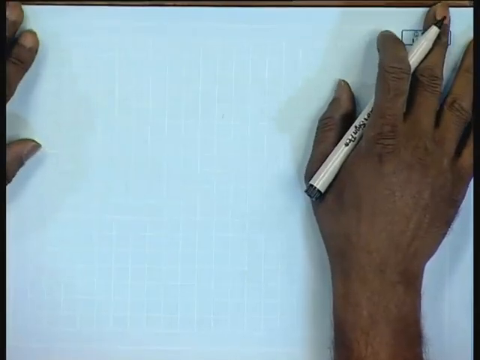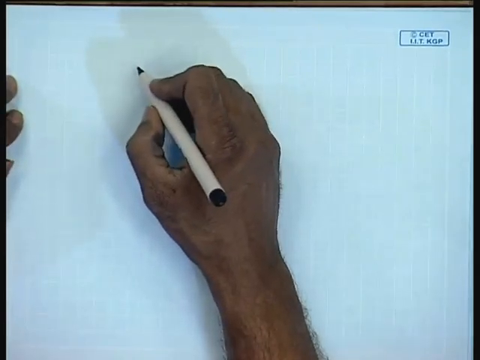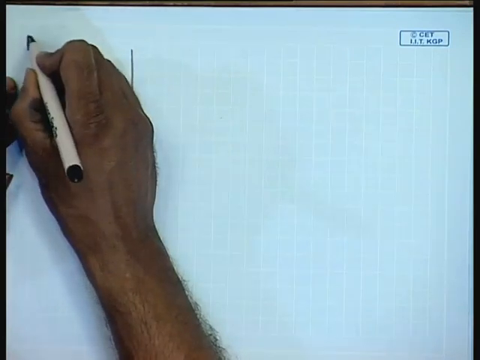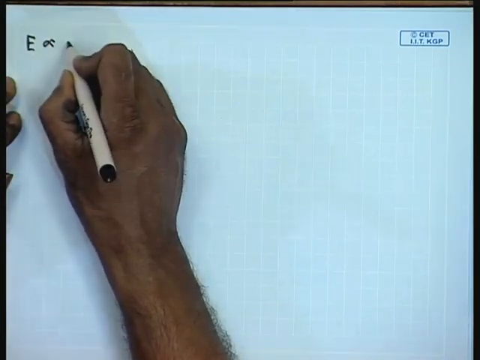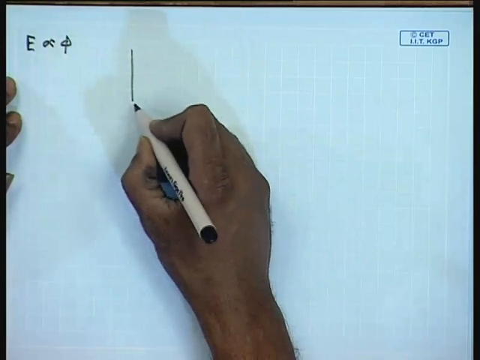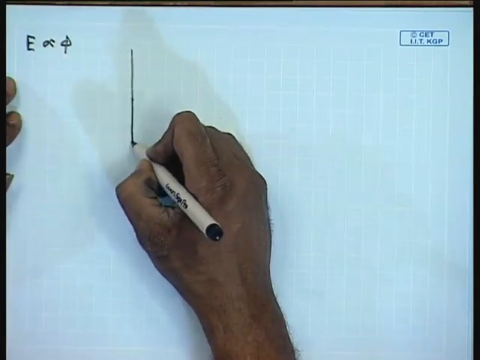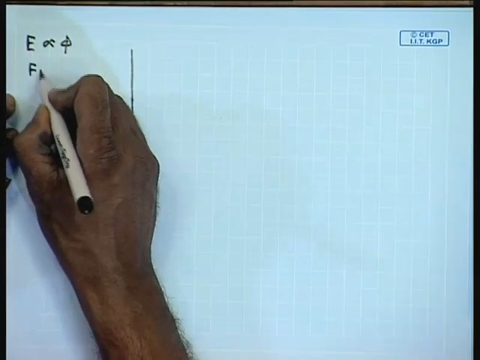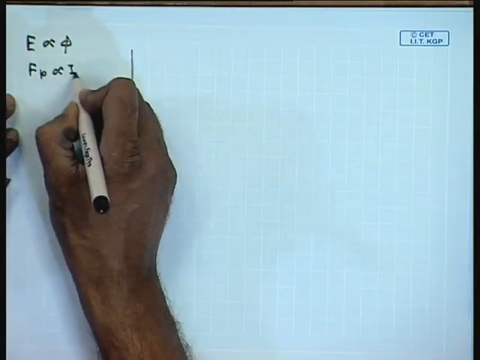It is indeed so, but it is customary to plot it differently, since E is proportional to phi for a given speed, and phi is a function of Fp, and Fp is proportional to I f.